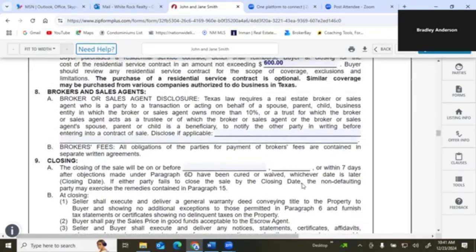Okay, in paragraph 8, this is where you as the agent would put in any disclosure as to whether or not you are related to your client. And it actually gives you all the examples where this would apply.